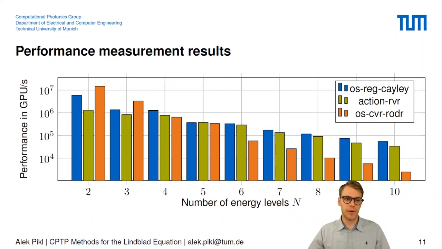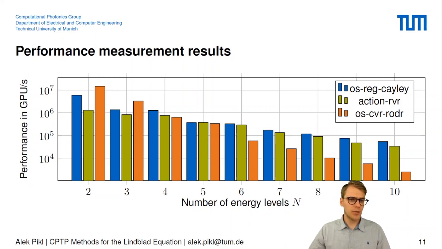Then we have the Rodriguez in the orange color, which is very good for levels 2 and 3. Again, because we're throwing out the redundant information, the matrices are smaller, but it scales really poorly for higher level systems.